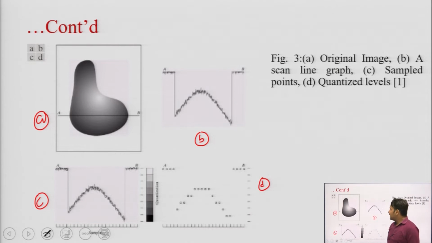Now, here we are moving from A to B, and according to A to B, each and every pixel intensity you are plotting in the diagram like this. See, at the point A, the image is completely white. So, here we are assigning a label that is related to the white portion.